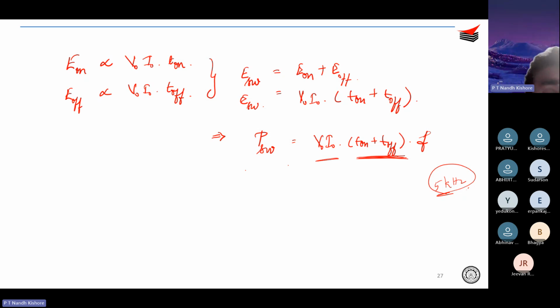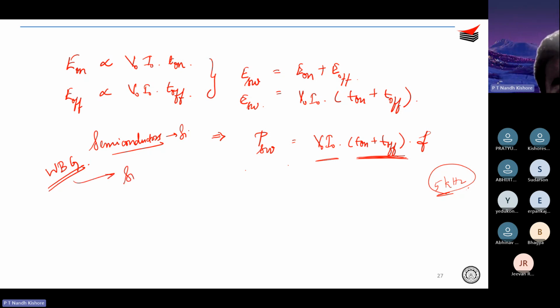Now, the good thing with wide bandgap devices. For those of you who don't know, generally you may be aware that semiconductors are essentially silicon. With advancements in material technology, we have got devices made up of silicon carbide and gallium nitride.